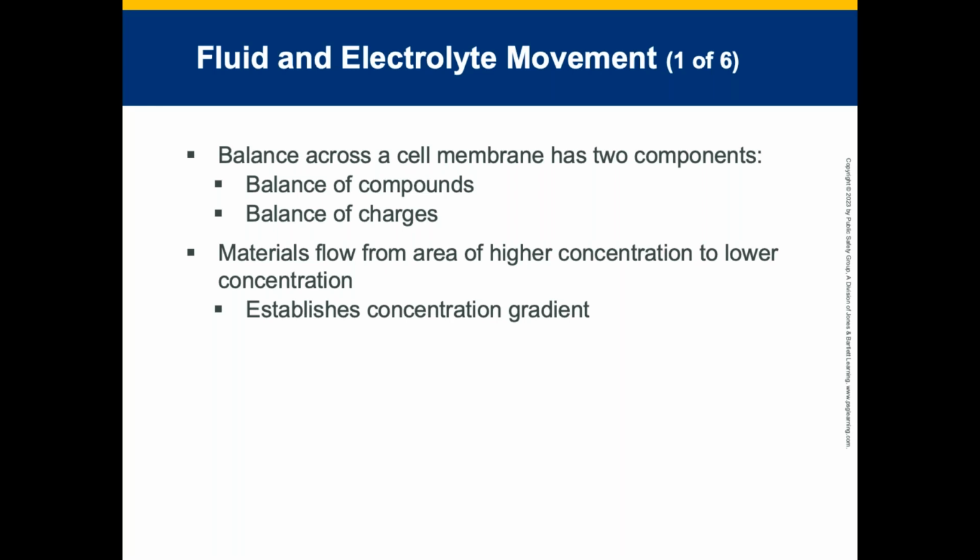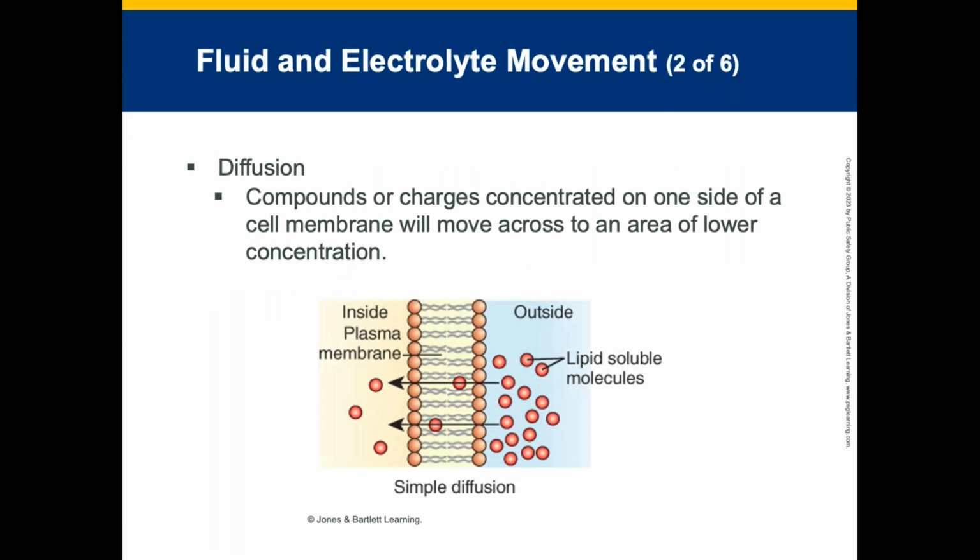We create that gradient moving through. So this is diffusion here. Diffusion is compounds or charges concentrated on one side of the cell membrane that will move across to an area of lower concentration. As you can see, the outside is moving in. This is simple diffusion.